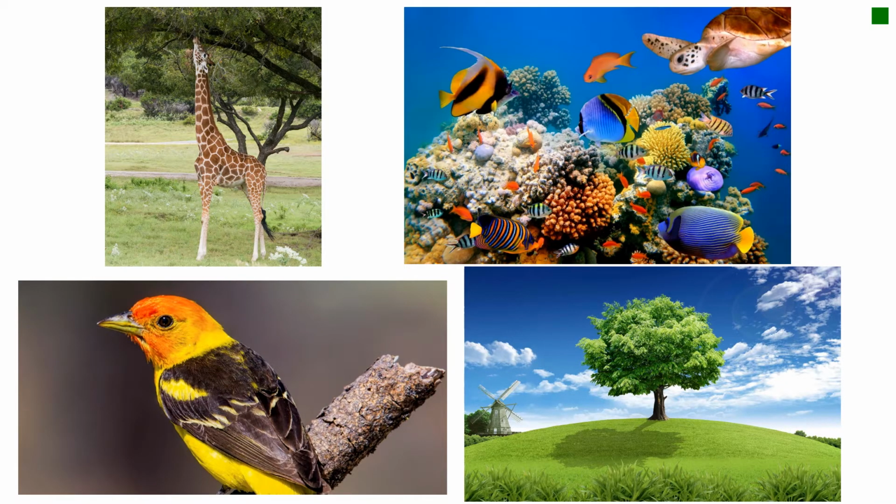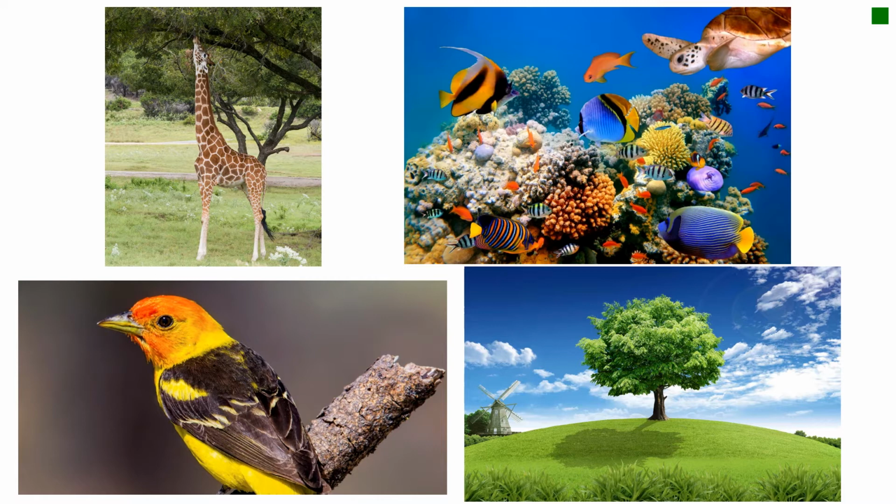Guys, here we have different ecosystems. I said an ecosystem is a place or an environment where living and non-living things interact. For example, all the living things need places to live and grow. Here we have a giraffe that lives on land. In another picture, we have different fish. They live in water. Here we have a bird.